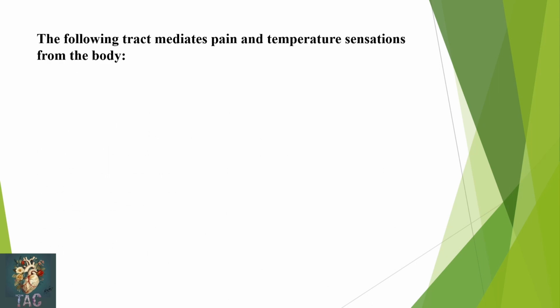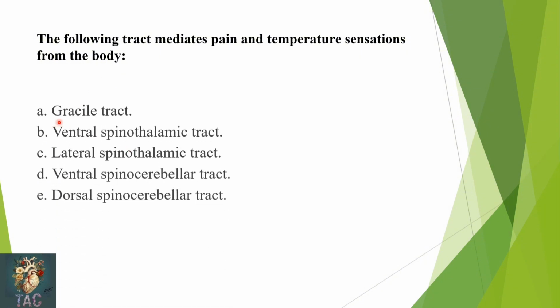Next MCQ is that the following tracts mediate the pain and temperature sensation from the body: the gracile tract, the ventral spinothalamic tract, lateral spinothalamic tract, ventral spinocerebellar and dorsal spinocerebellar. So we all know the gracile is basically related with the dorsal column, which is taking the sensations of vibration and proprioception.